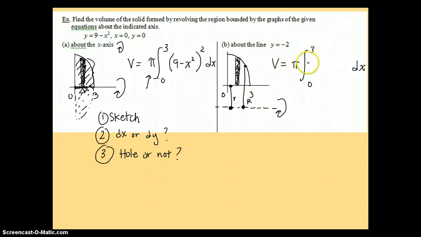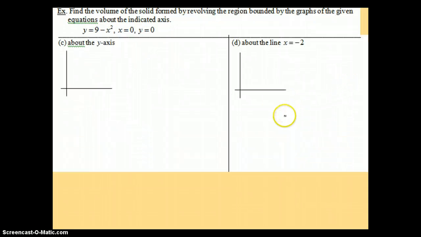So our big R should be the function upper minus lower, again, big R squared, minus little r squared, which would be 0 minus -2. So I'm going to go ahead and say just 2 squared. So we have a big R squared and a little r squared. On to the next one.